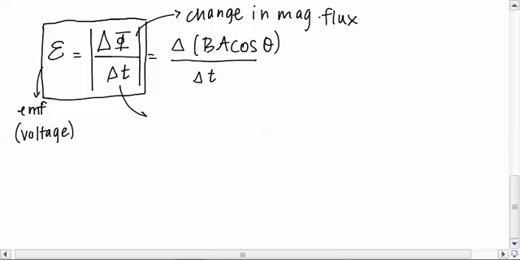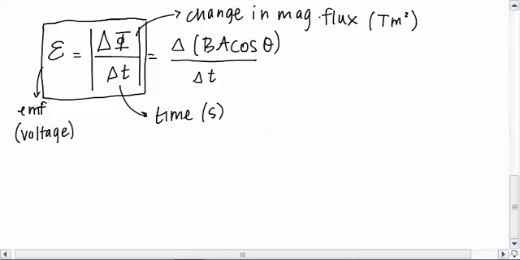And this is the time. So this would be seconds. This would be Tesla meter squared. So a Tesla meter squared per second then is voltage.